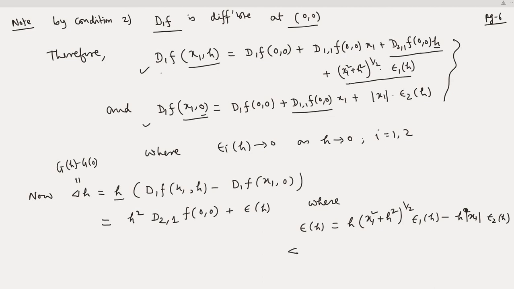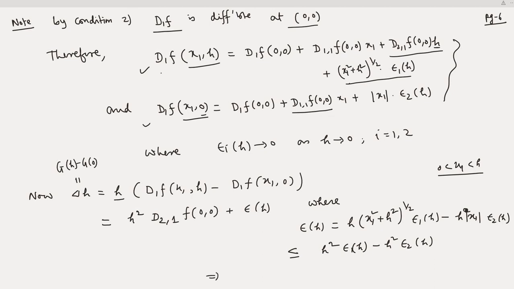And remember that x1 lies between 0 and h, so this is less than or equal to h square epsilon 1 of h minus h square epsilon 2 of h.